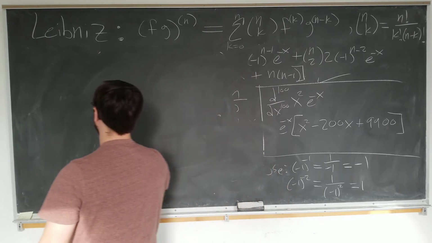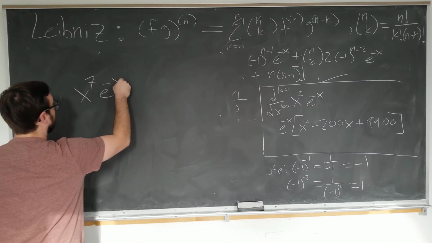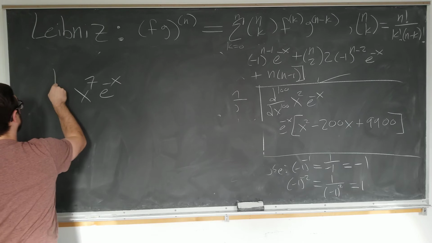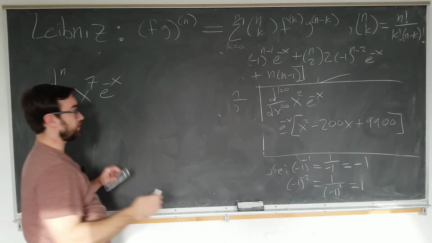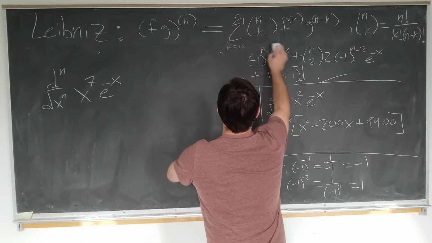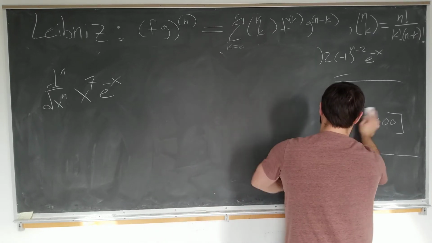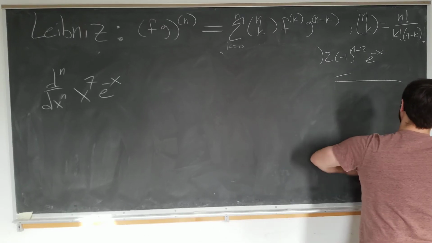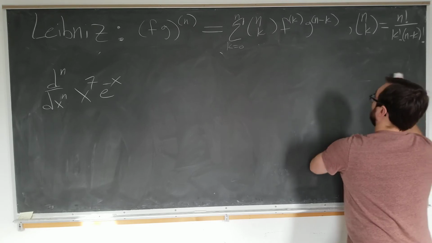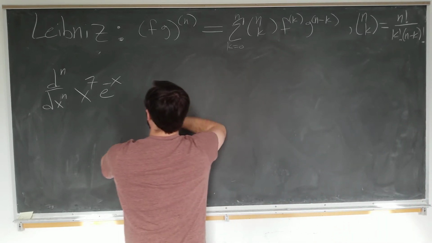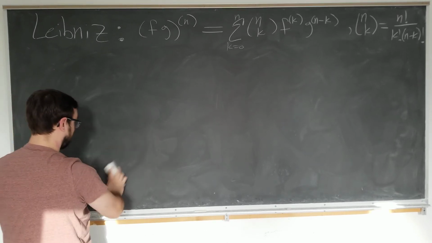What if I had derivatives of, say, x to the 7th times e^(-x), and so forth, and I wanted to take the nth derivative of that? I don't want to have to go through all the work that I just did with this table. Instead of doing it for every power of x that I multiply e^(-x) by, there has to be some way that I can just keep them all together. Well, there is a way. I will show it to you now.